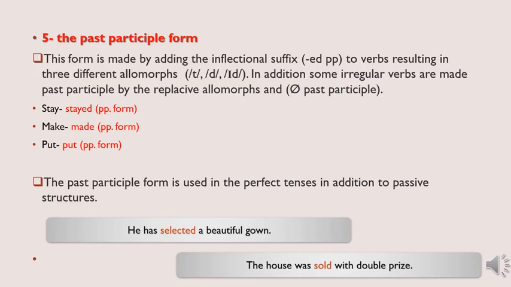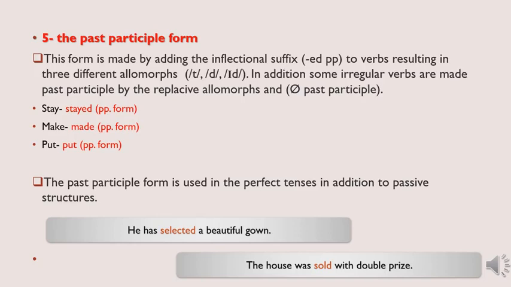Stayed is the past participle form of stay by adding ed past participle. Made is the past participle form of make by the replacive allomorph. Put is the past participle form of the verb put by adding nothing, by zero past participle.